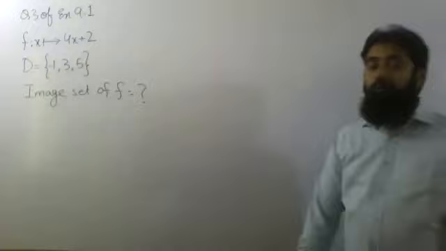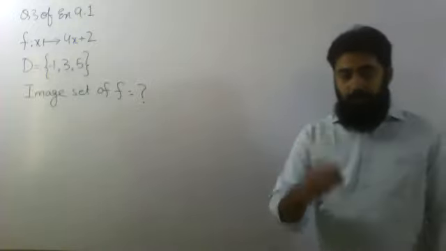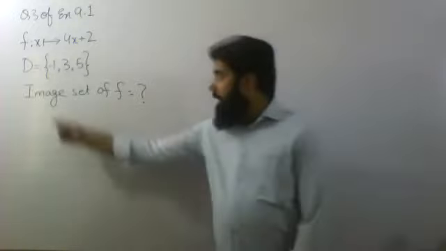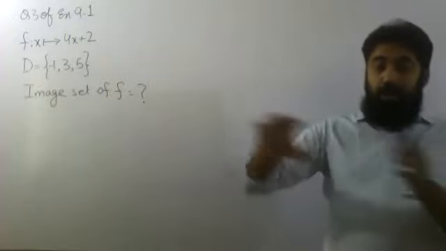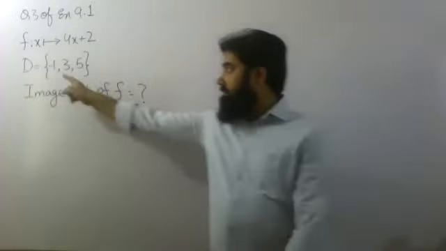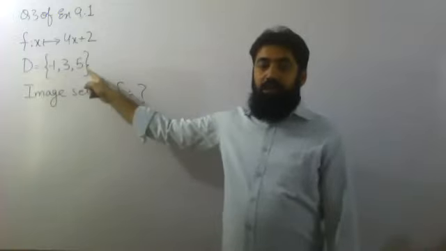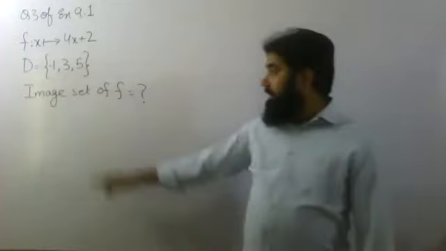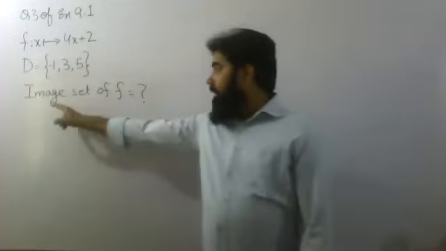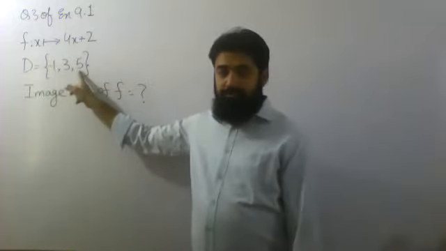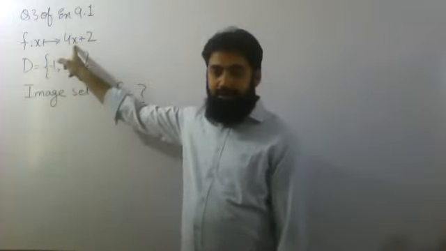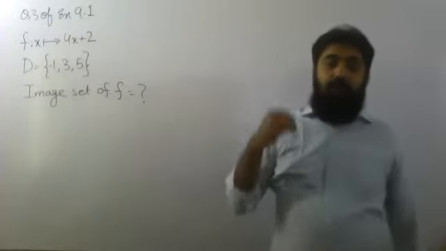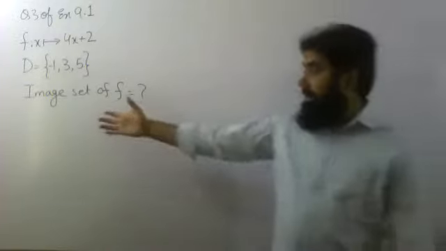Okay. Now, how are we going to do this? First of all, see, your domain is not given in a continuous form. These are three numbers which are not in a sequence. It's -1, then 3, then 5. So here, you have to put these values in place of x because it's a domain, and find all three images.